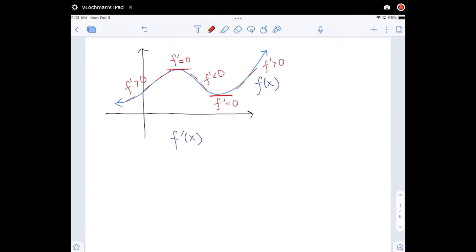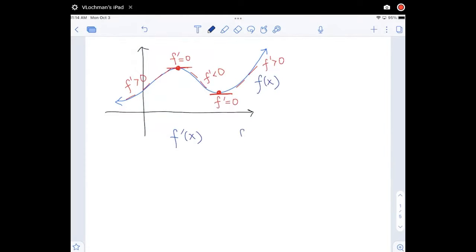So the derivative of a function of one variable tells us a couple of things. The behavior of the function: is it increasing, decreasing, or is there a critical point where it changes behavior? And it also tells us the slope of the tangent line at a point.